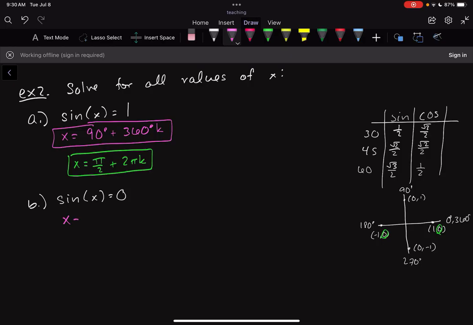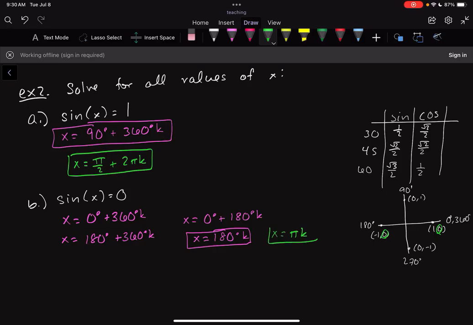So for this one, you can write it out with the separate answers, and I will not take off points for that. However, you can condense it a little bit and just say 0 plus 180k, which simplifies to just 180k. In radians, you would just say pi k. And so again, just like when cosine equals 0, we have that exception where we use 180 instead of 360. Sine has the same exception.